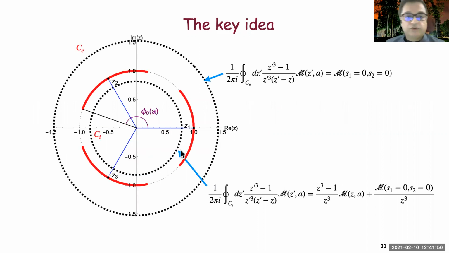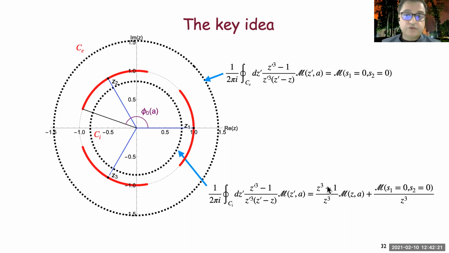Now you do what you would expect: you write down an integral over this large arc, and then an integral within the circle, and take them to approach each other. The outside arc is going to give you an equation like this, and the inside arc is going to give you an equation like this.